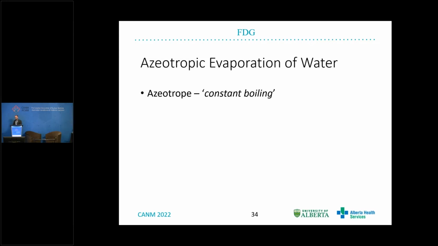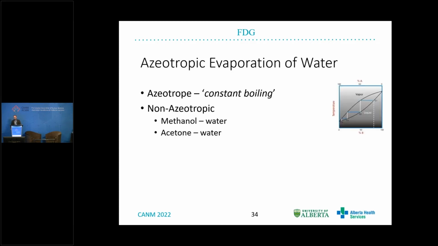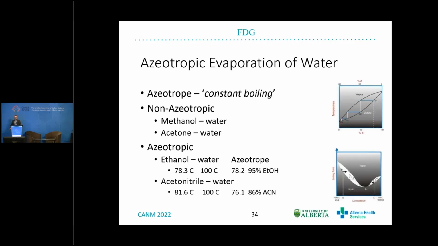There's still some water in the reaction vessel after eluting it from the QMA. So we use azeotropic drying. Basically we use the fact that acetonitrile and water make an azeotrope. The boiling point of this azeotrope is significantly lower than just water.